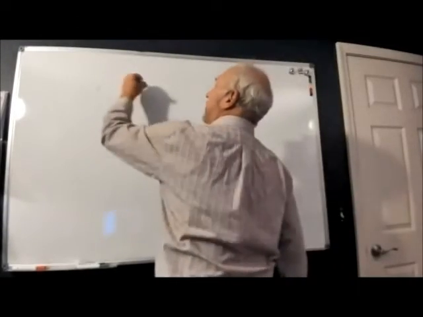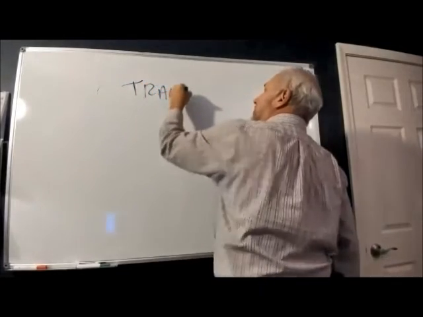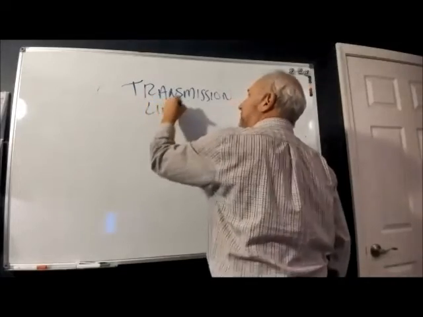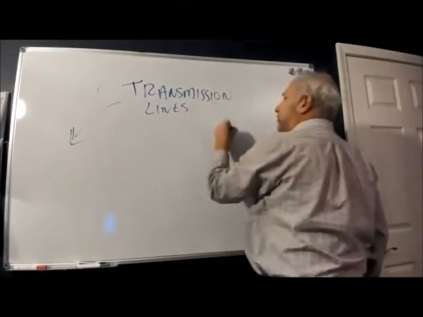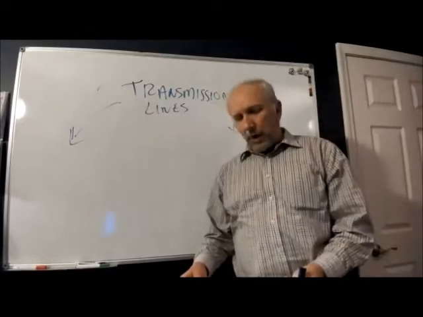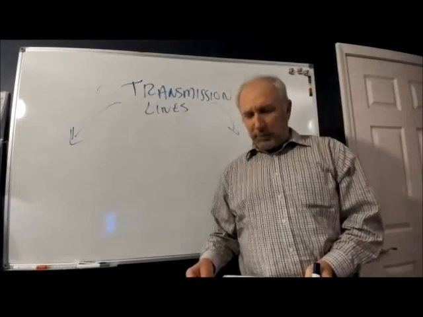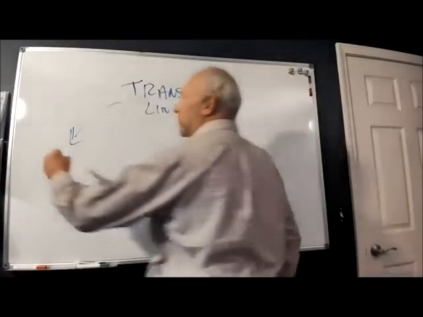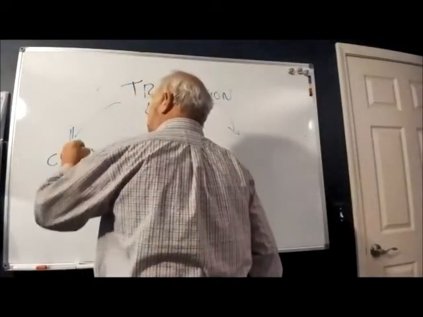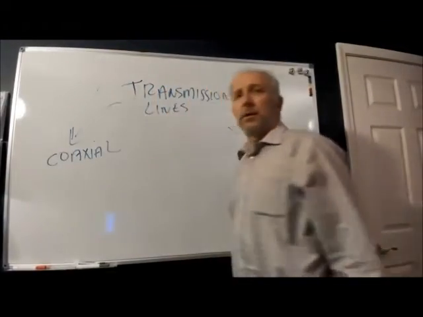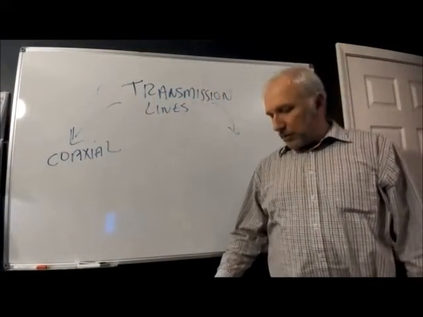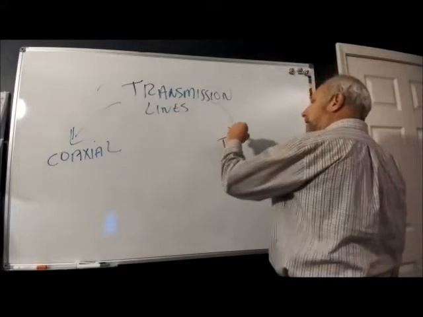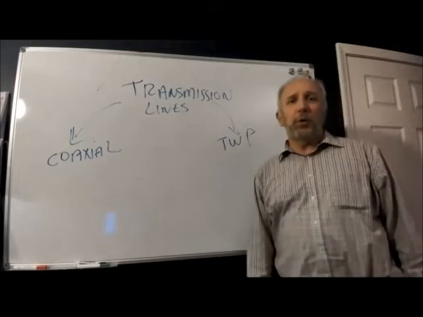All right, let's look at transmission lines. When we're talking about transmission lines, typically we're talking about a specific type. One type, which I'm sure a lot of you are familiar with, is the coaxial cable or coaxial transmission line, and the other one is TWP, which stands for twisted wire pair.